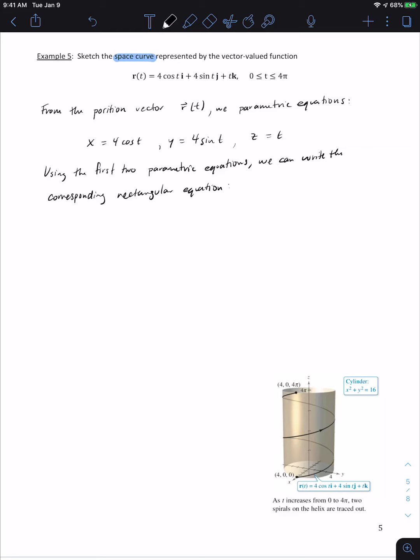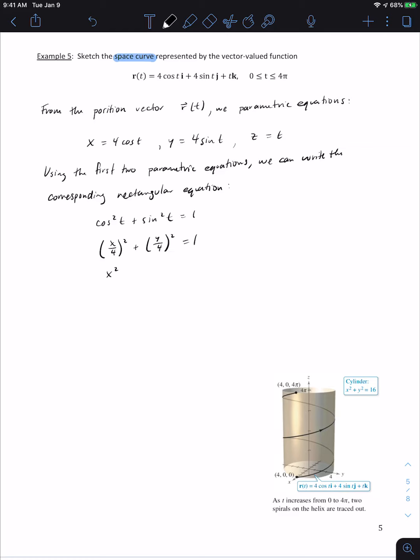Anytime I do sine and cosine, I should use the fact that cosine squared t plus sine squared t equals 1. This time, what is cosine of t? Well, if I solved for cosine using my parametric equations, it would be (x over 4) squared plus (y over 4) squared, because that's what sine would be, equals 1.